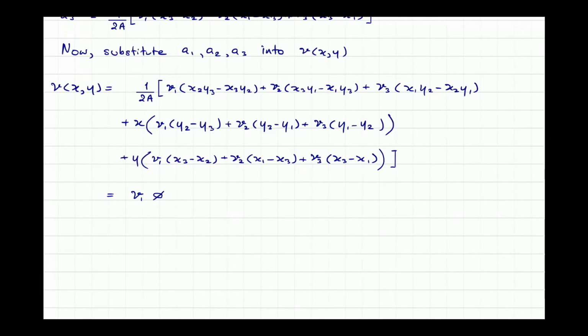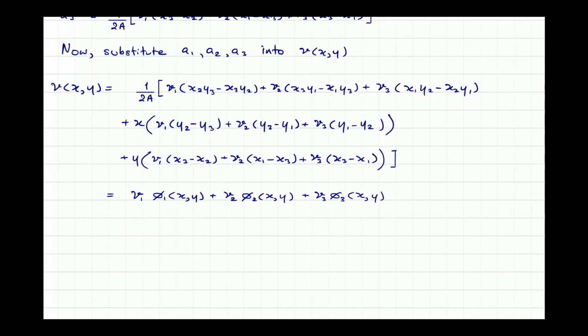We're going to call it function phi1. The phi1 is given by the function of x and y. Plus you have the v2 as well, so you have the phi2, x and y, plus the v3 and phi3, x and y.